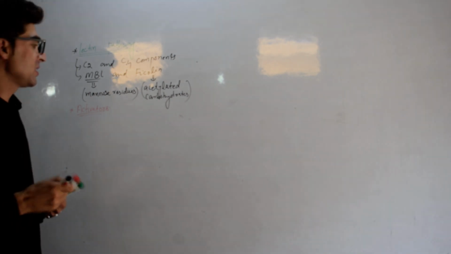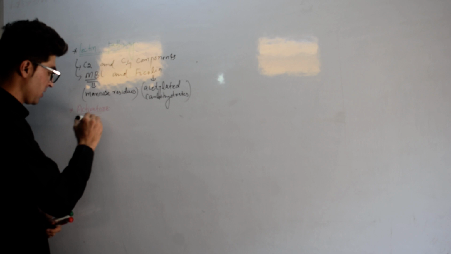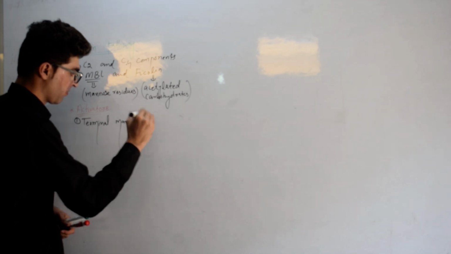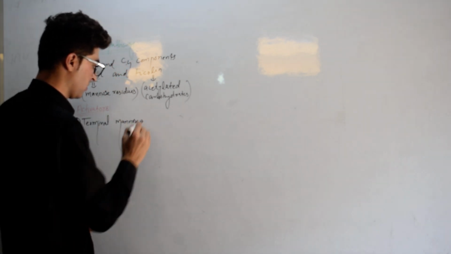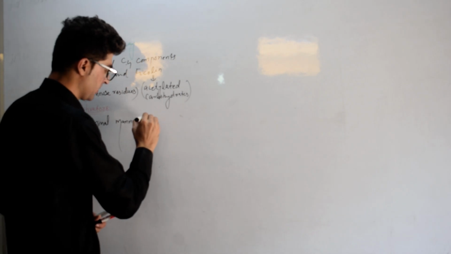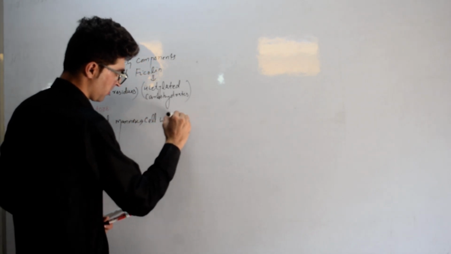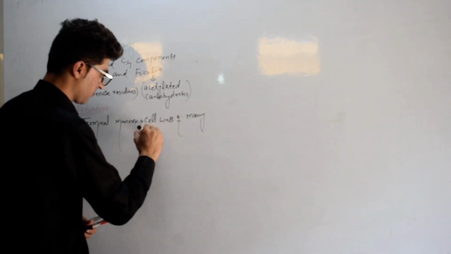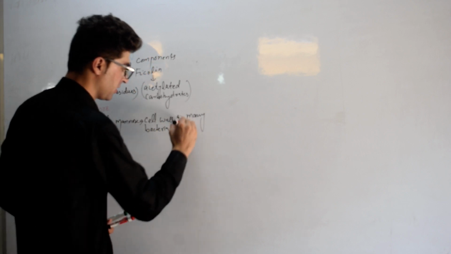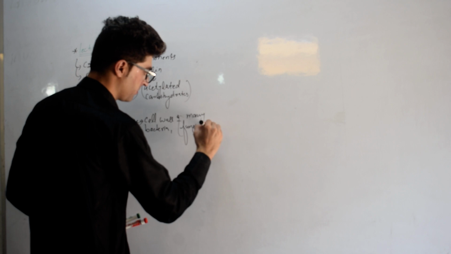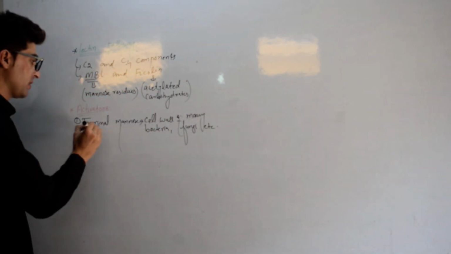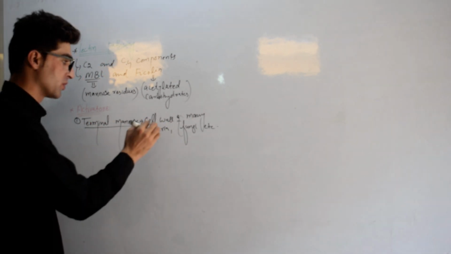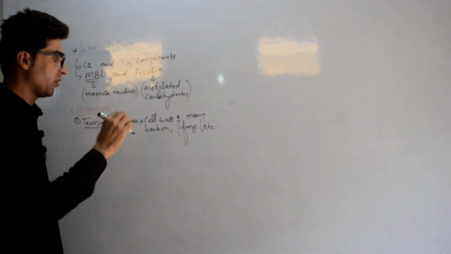The activators include terminal mannose, which is a part of the cell wall of many bacteria, fungi, etc. So when there is a pathogen in the body, it expresses the terminal mannose residues on its cell wall.